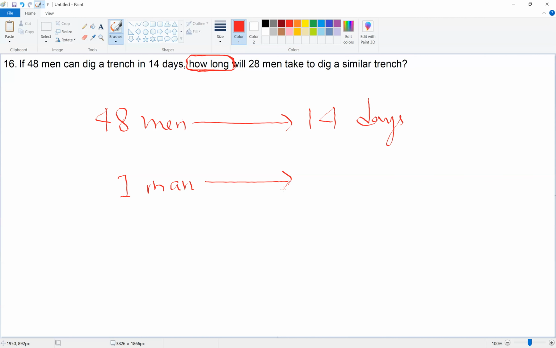And then finally, 24 days. It's 16 times 30 divided by 24, which is 20. Hopefully you understand why I multiply instead of divide in these two problems.